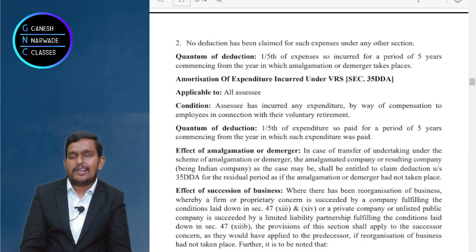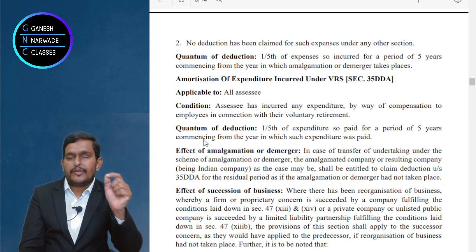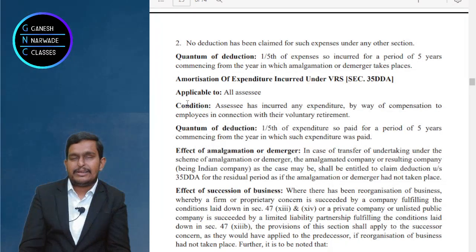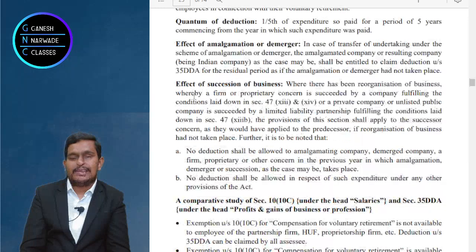Sir, if it is succession of business, like sole proprietorship converted to company, then in that case sole proprietorship will not get deduction, but the company will get deduction. That's how you have to remember. Okay, I don't feel that you have any doubt.